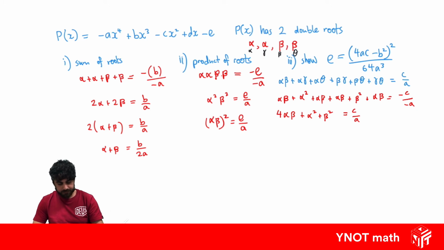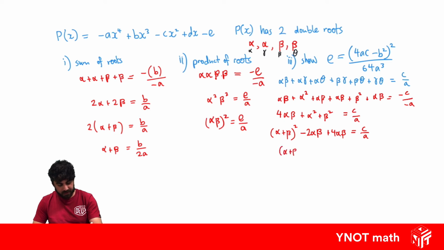Now, the alpha squared plus beta squared, we can write as alpha plus beta all squared minus 2 alpha beta. And we've got the plus 4 alpha beta here still. So we can go ahead and just do alpha plus beta all squared minus 2 alpha beta plus 4 alpha beta.